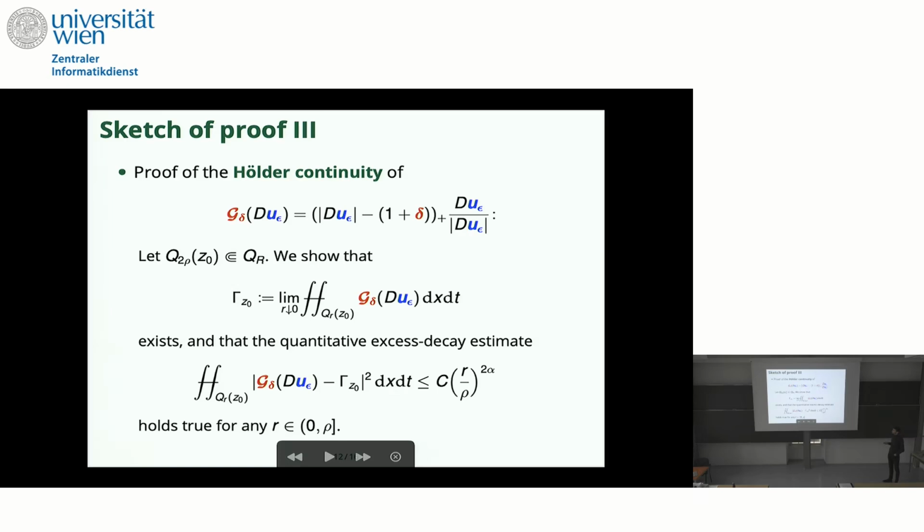So we can control this L2 mean value from above, up to a constant, by the quotient of the radii with power 2 alpha. And this is essentially the Hölder continuity once you have done this. Of course, it's not clear how you get this gamma Z0 and this excess decay estimate.